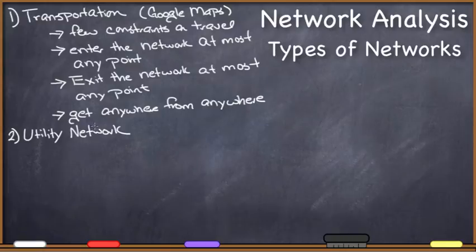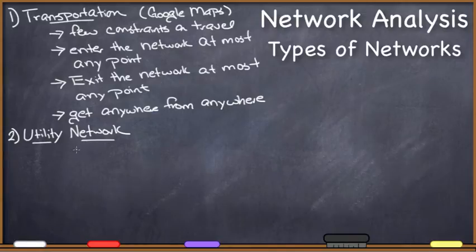A utility network. And I don't have a great example of a utility network to just look up online that is commonly in use, because these are often created for more specialized purposes. But when you're talking about a utility network, you're talking about the network which enables something like water or gas or oil or electricity to go from one location to another.